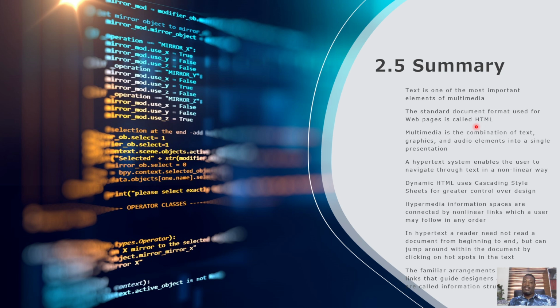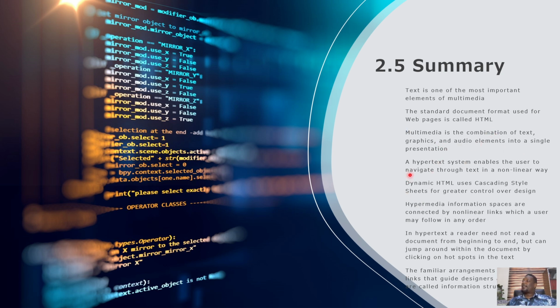I said HTML stands for hypertext markup language, and there were certain markup codes that we use to create these pages, these websites. Multimedia is also a combination of text, graphics, and audio elements into a single presentation. So when you have a single presentation having text, graphics, and audio, you can call it multimedia.